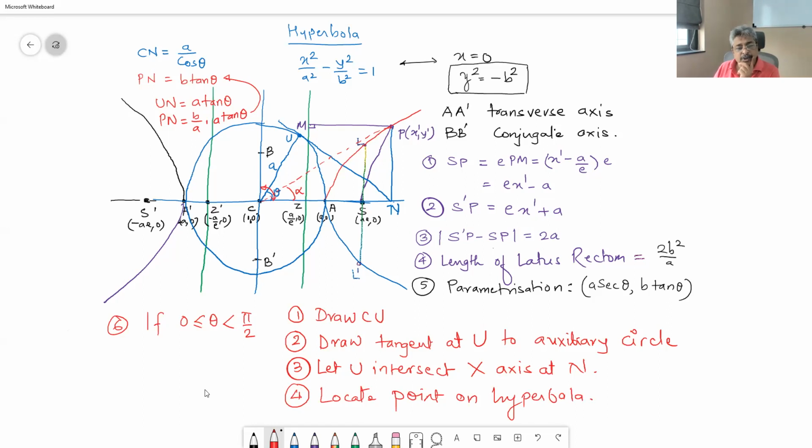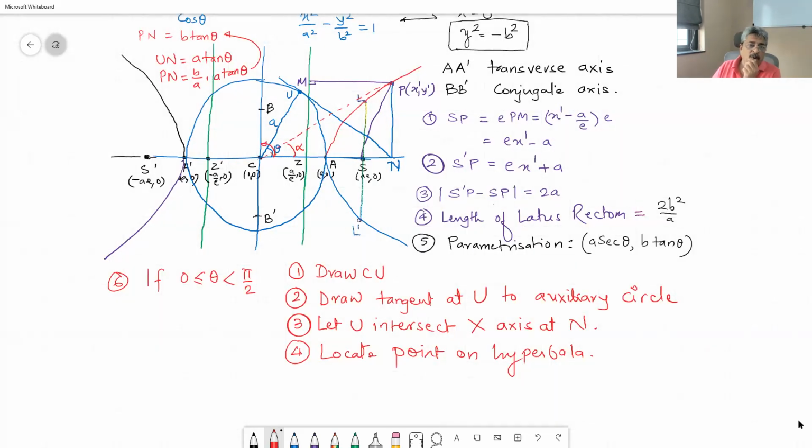If the theta angle is between 0 to pi by 2, everything is fine because everybody is positive, and therefore, as shown in this diagram, this red arm that I have drawn, arm number 1, we will trace arm number 1 as theta moves from 0 to pi by 2. What will happen at pi by 2? It is better if we don't imagine it at the moment, because B tan theta is going to be undefined. So we keep pi by 2 a little aside.